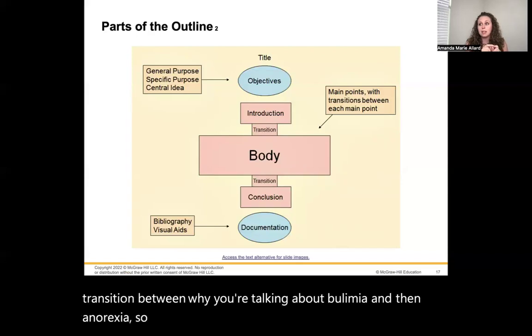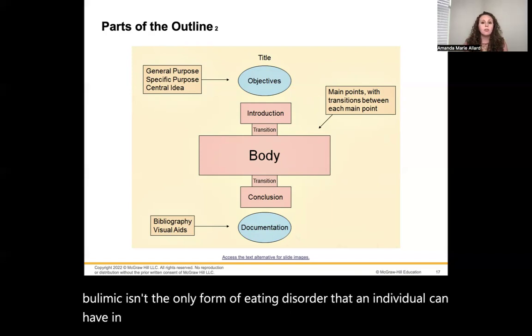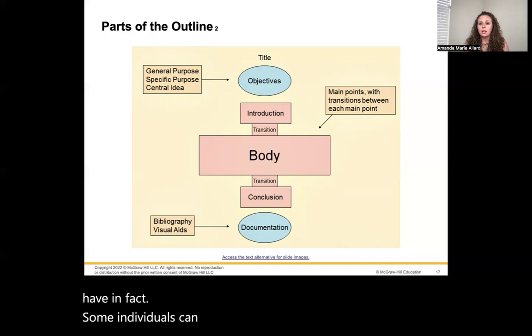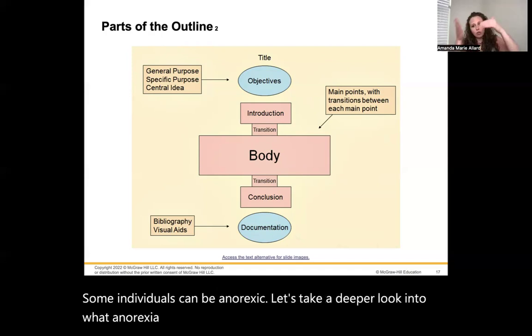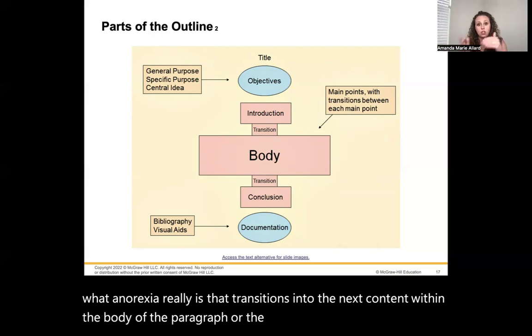For example, I might say, however, being bulimic isn't the only form of eating disorder an individual can have. In fact, some individuals can be anorexic. Let's take a deeper look into what anorexia really is. That transitions into the next section within the outline.